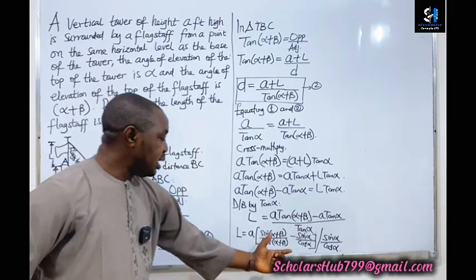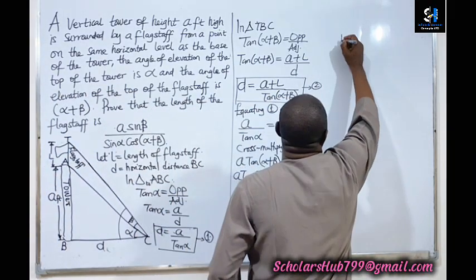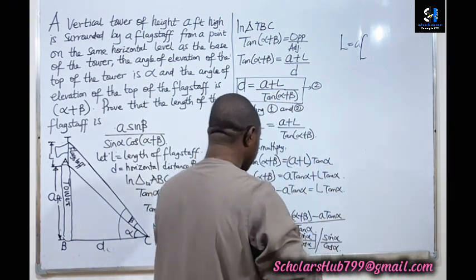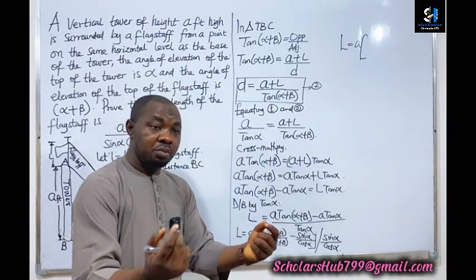All right, let's simplify the numerator. L equals A open brackets. I'm going to perform algebraic multiplication.